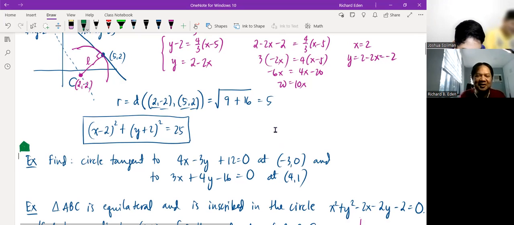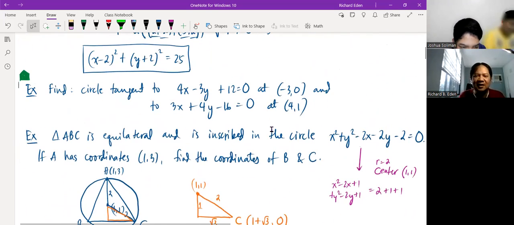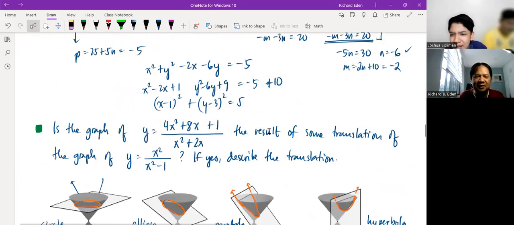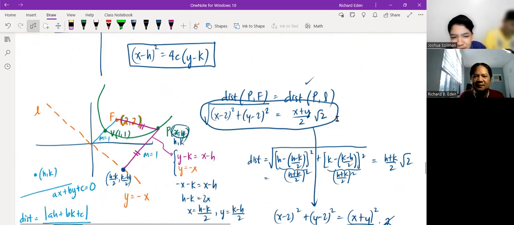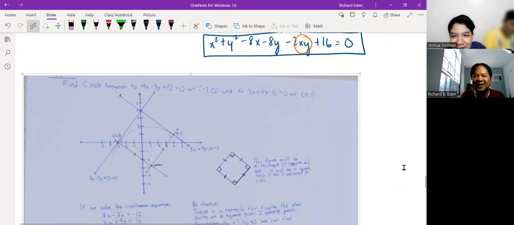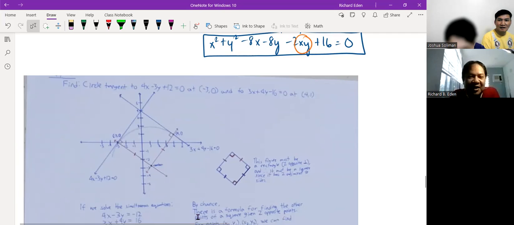Okay. Circle tangent to these two lines, and then the given points of tangency. Okay, so dapat po when the pentagon has two right angles, they should call it a house. Okay, house, right.